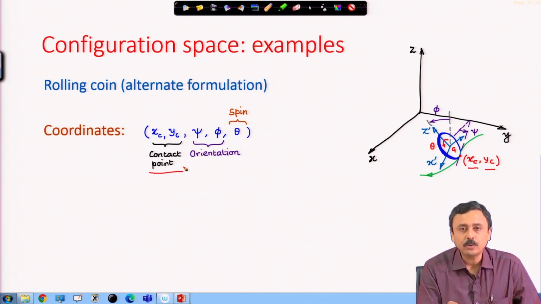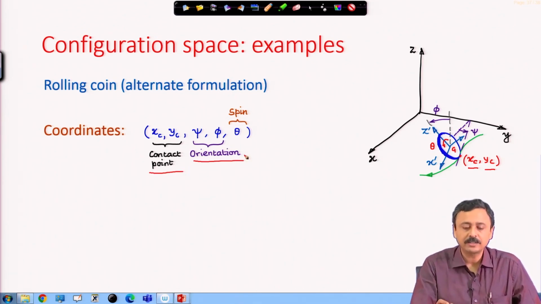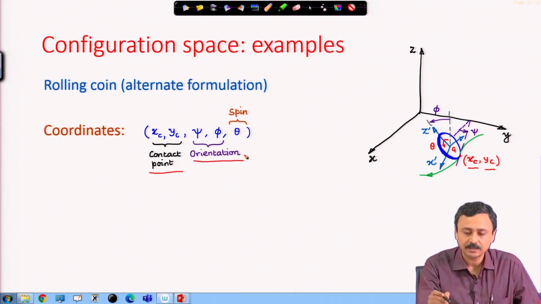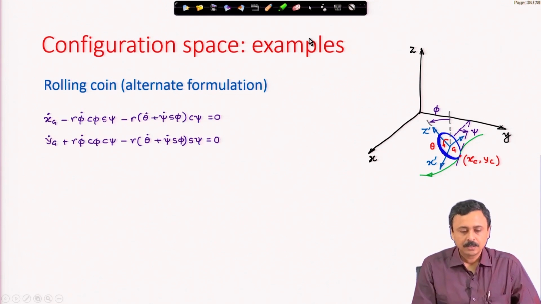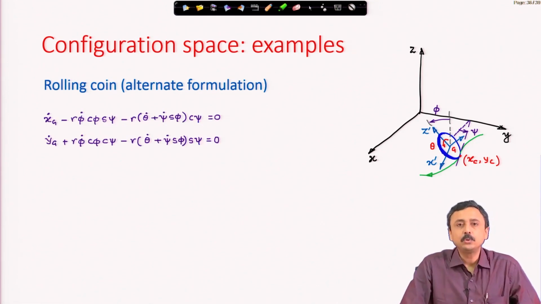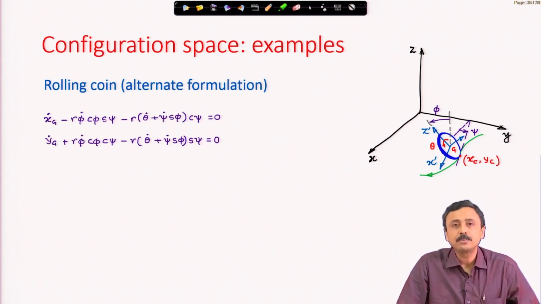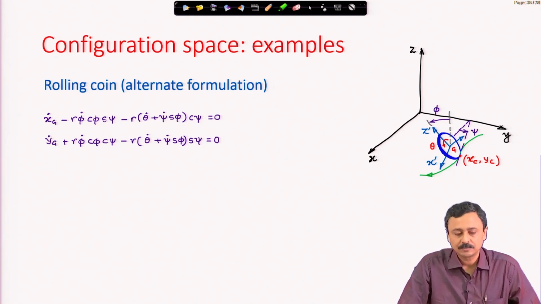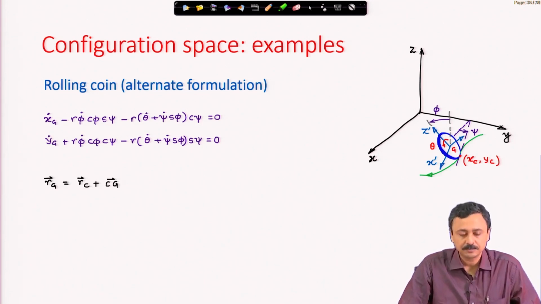The contact point coordinates change, and the rest remains the same: the orientation and the spin coordinates psi, phi and theta. These were the two no slip or pure rolling constraints, the constraints that represent pure rolling. This we had derived in the previous lecture.